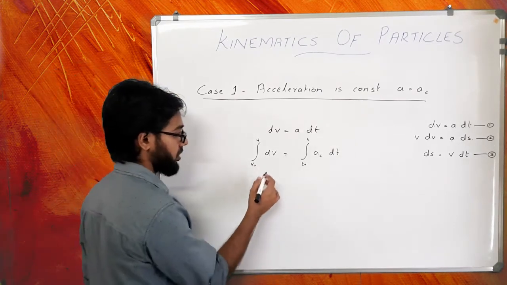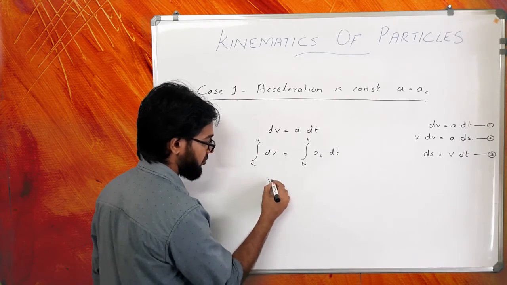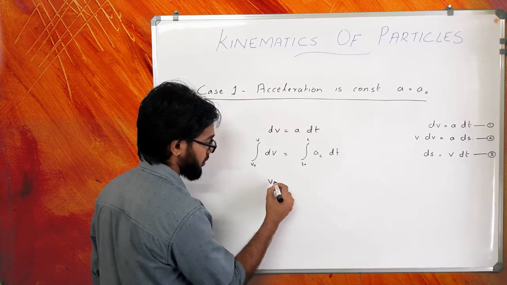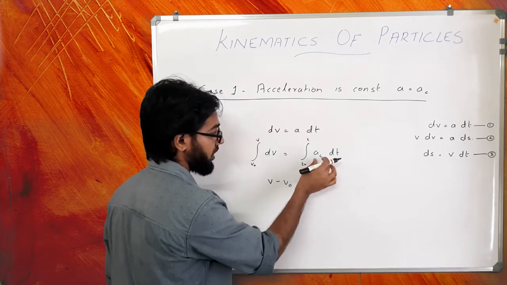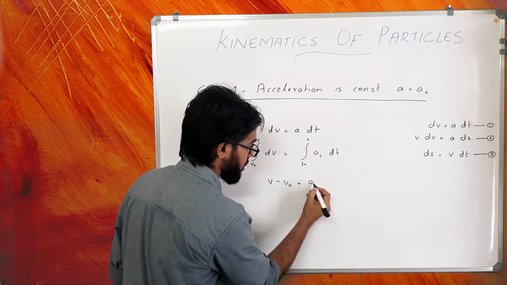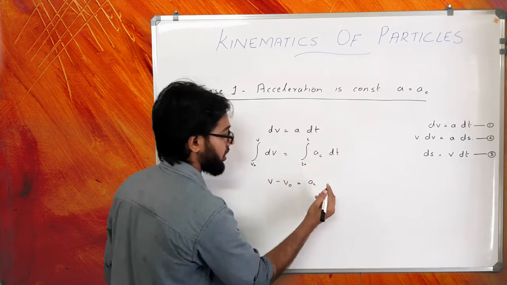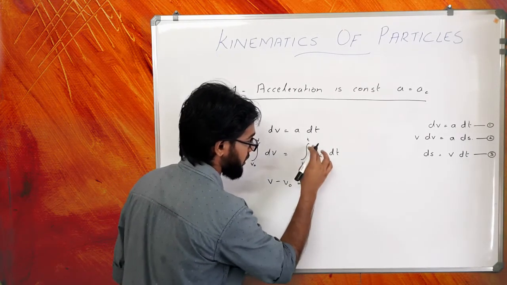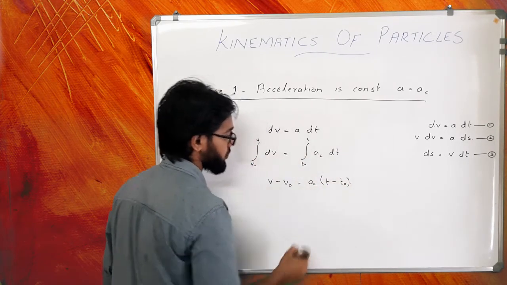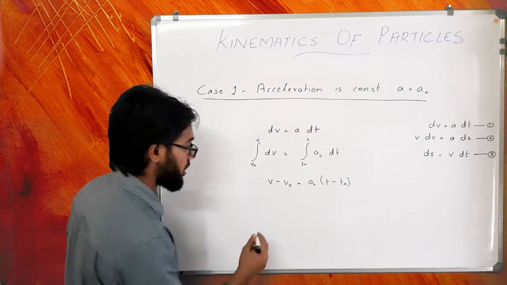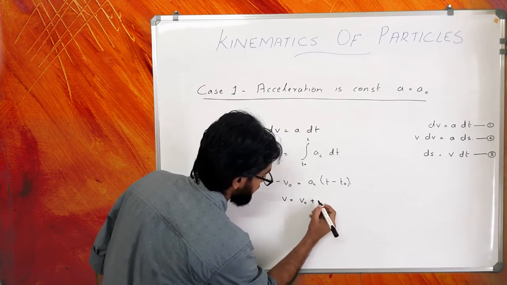So if I do the integration, I will get here v minus v0, that is equal to AC, which is a constant, and if I integrate dt, I would get t. So I have t minus t0. This will lead you to the equation which you must have studied in your high school.